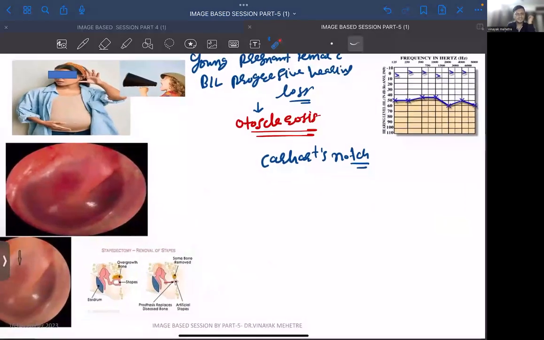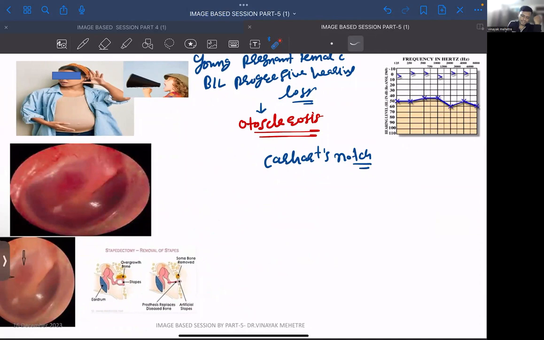Carhart notch. Then comes Paracusis willisii, or Paracusis wilsi, whatever you want to say.